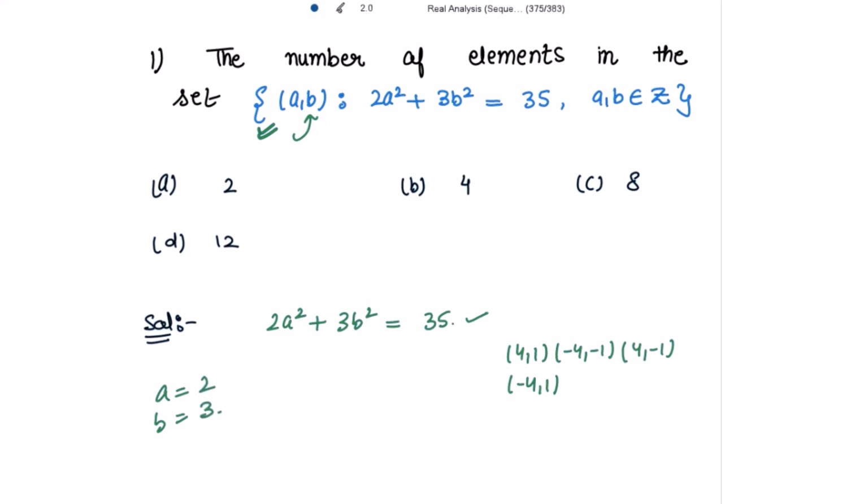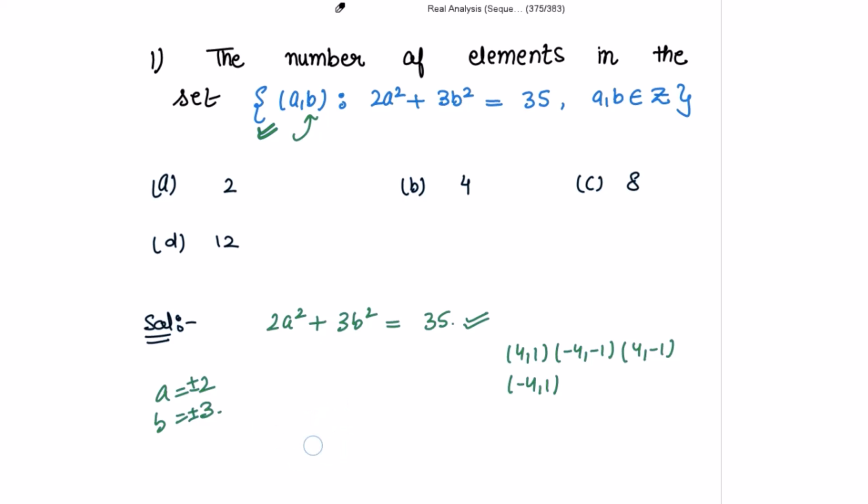Let's check this: 2 into 2 squared, 4, plus 3 into 3 squared, that is 9. So this is 8 plus 27, that is equal to, yes, 35. So plus minus 2 and plus minus 3 for a and b are also valid for this equation to hold, right?